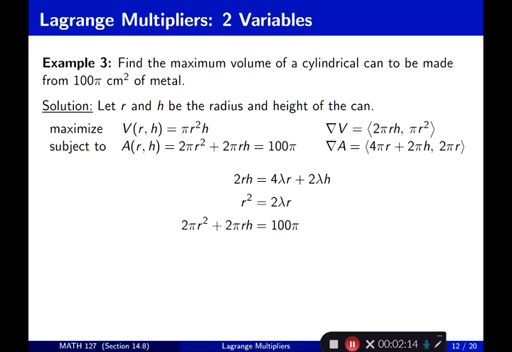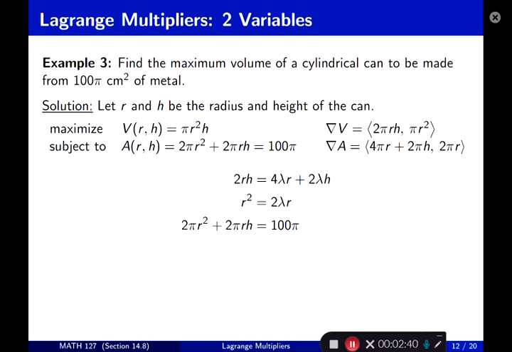What is recommended again is to solve for lambda in the first 2 equations, and then set them equal, to find an equation that does not include lambda. Something that you see is there may be extra solutions.